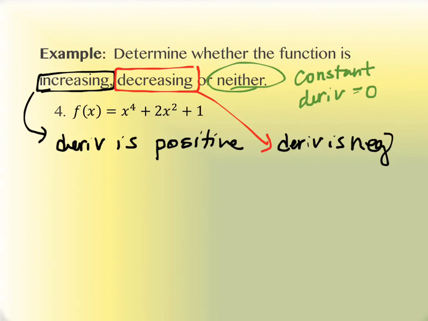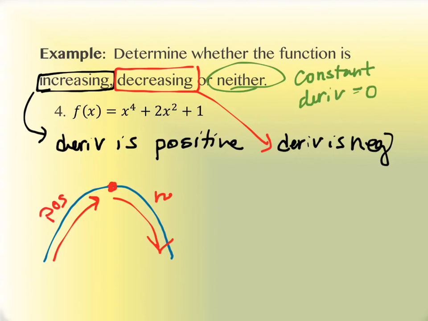So if I had a picture like so, right here, roughly, is where the derivative is 0. Over here, the derivative is positive, while the graph is increasing. And over here, the derivative is negative because the graph is decreasing. And right up here at the top, the derivative is equal to 0.